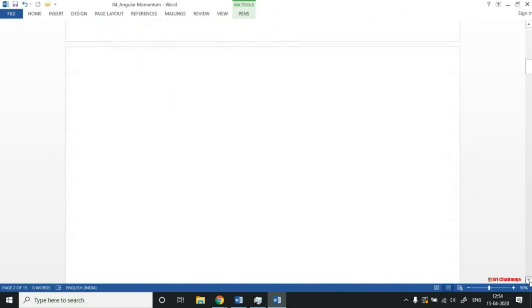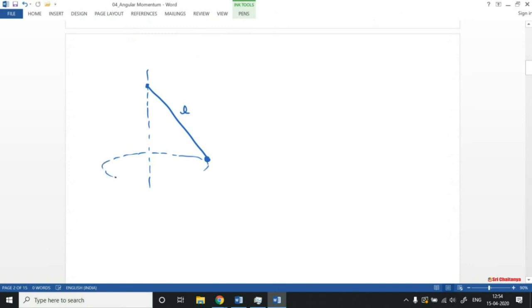Let's take another example, that of a conical pendulum. So let's say there is a conical pendulum, and the length of the conical pendulum is L, and this bob will be undergoing circular motion centered at a point on this axis.